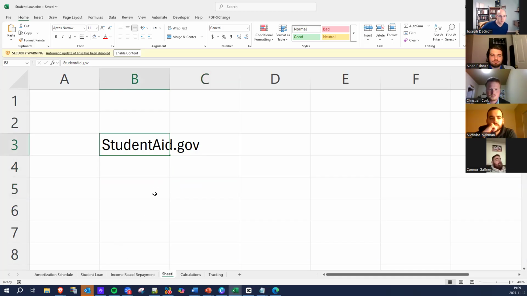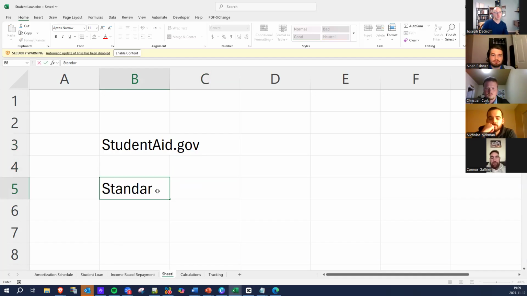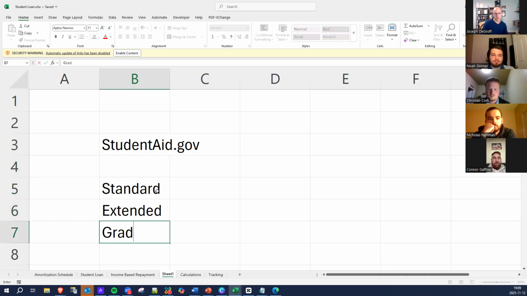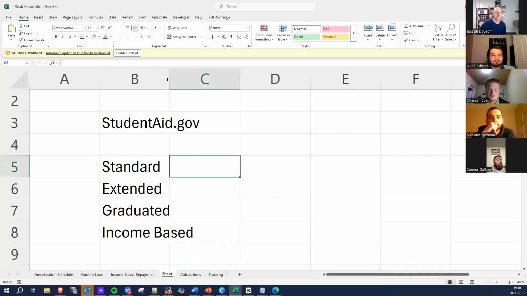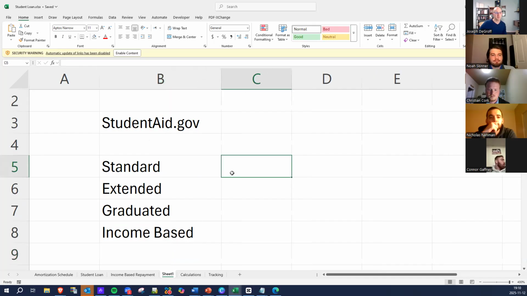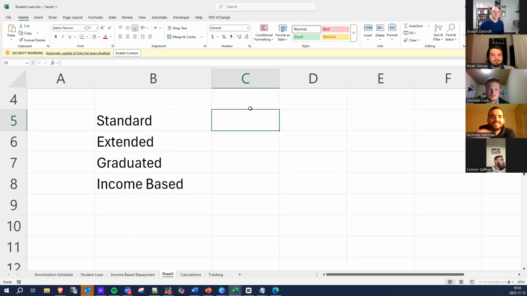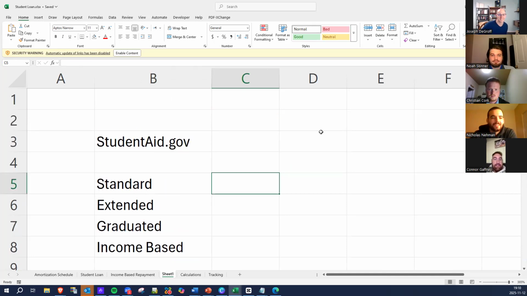When you set up your payment plans, you have a few different options: your standard, your extended, your graduated, and then your income-based plans. Mr. Neiman, I know you remember how long these are. How long is our standard payment plan?